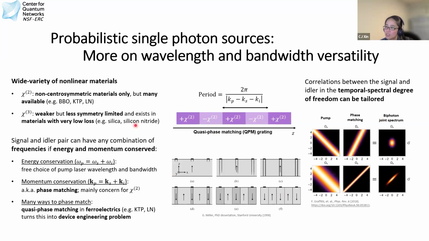So usually how we visualize it is we visualize the energy conservation condition on the left here using a pump envelope function. Basically this anti-diagonal line here with some kind of width is the pump, and the width is the pump bandwidth. On the horizontal axis, you have the frequency of the signal, and on the vertical axis, you have the frequency of the idler. This shows, by energy conservation, what probability is allowed at each combination of points.